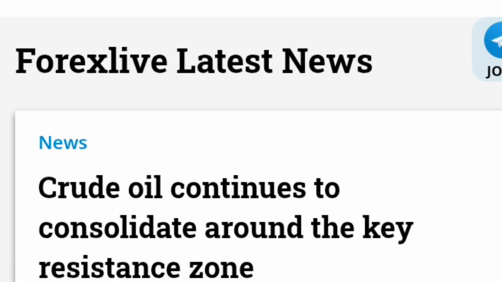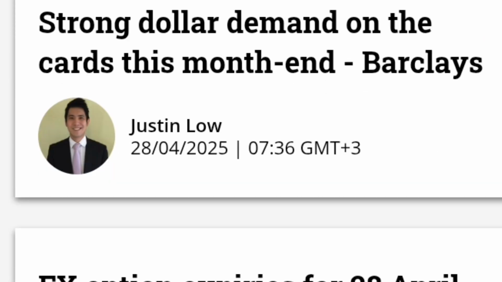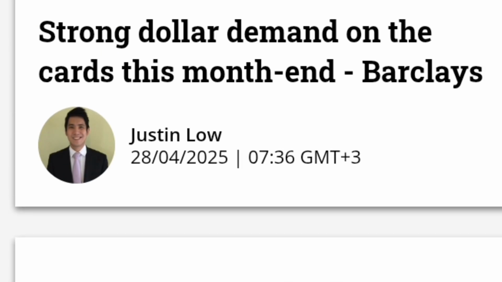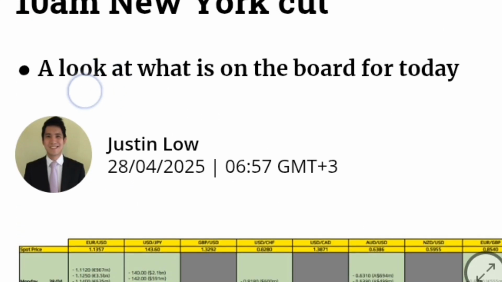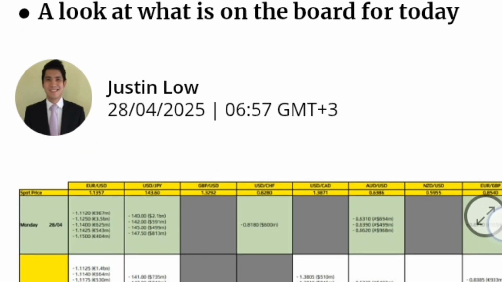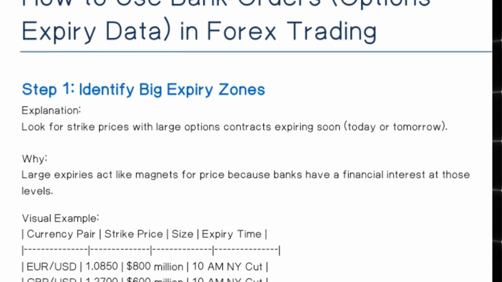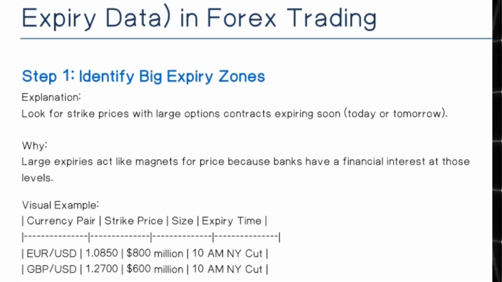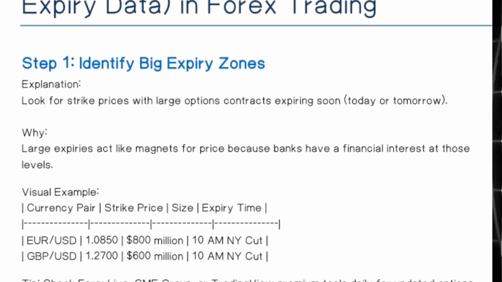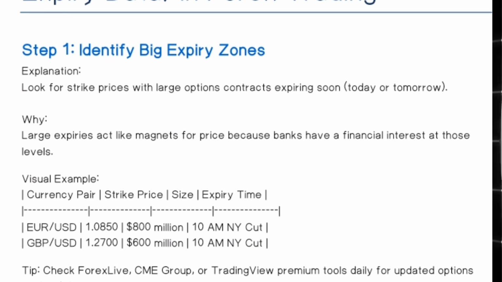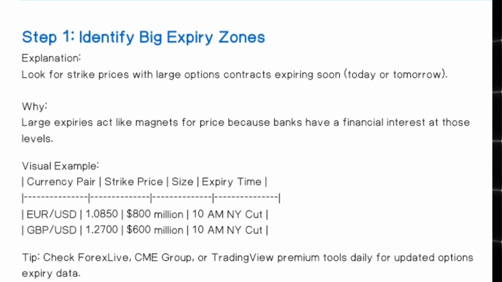So how do you use these bank orders in your trading? Here's a simple strategy you can use to leverage this information with your strategy and see where it will work for you. The first step is to identify the big expiry zones. Look for strike prices with massive size expiring that day or the next day.